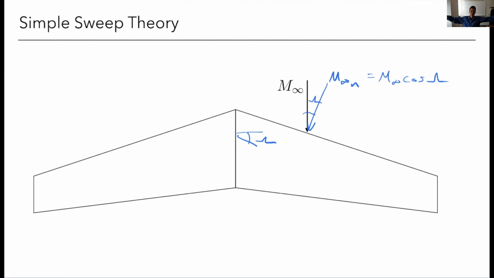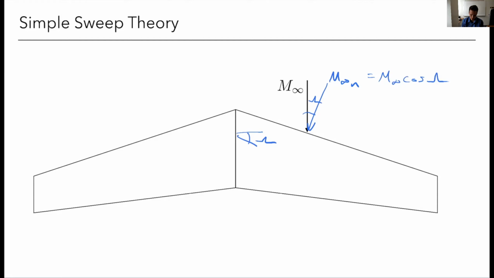By putting in a little sweep, the speed I'm flying at might be Mach 0.8, but my wing is effectively experiencing a Mach number of 0.65, and so the drag has not increased. I've delayed the drag while still being able to fly faster. This is a big idea that has changed air transport: we can fly at much faster speeds by sweeping the wing.